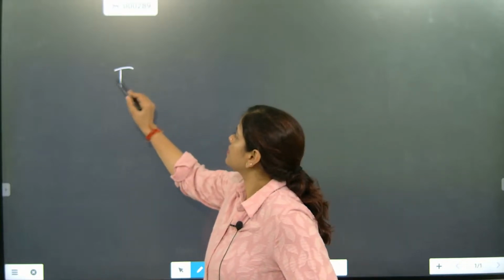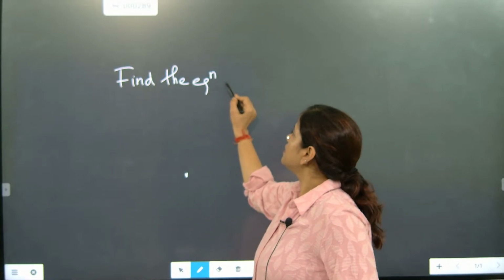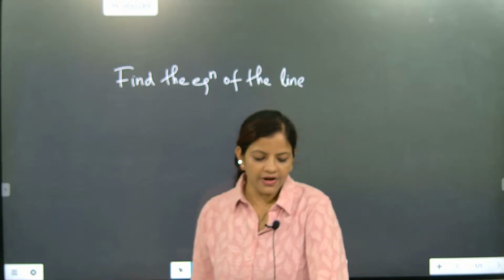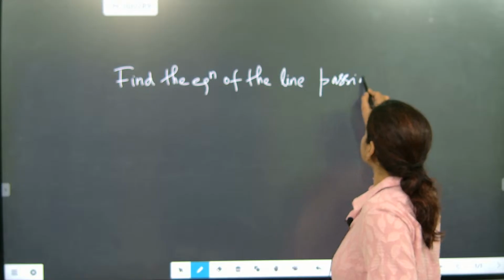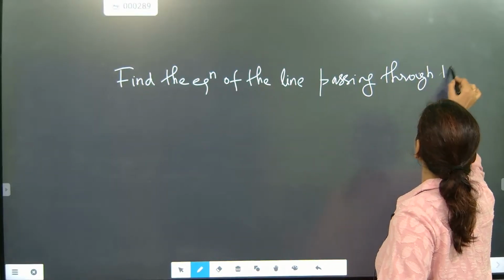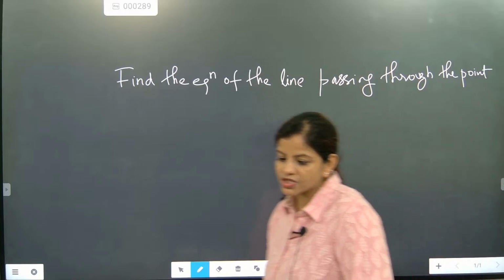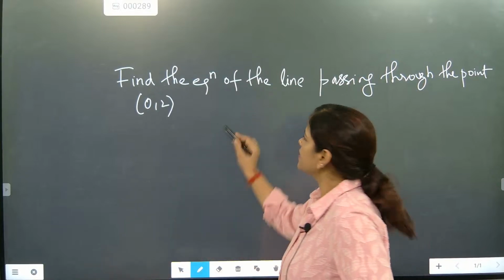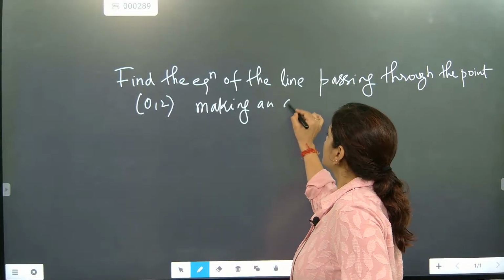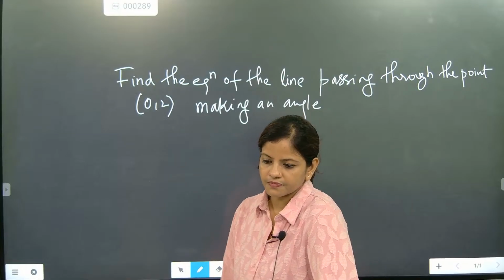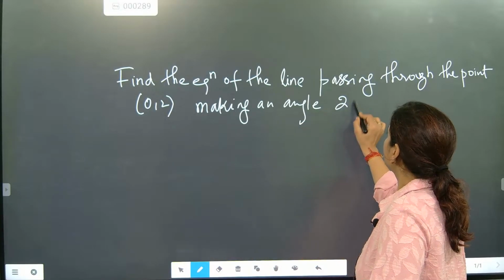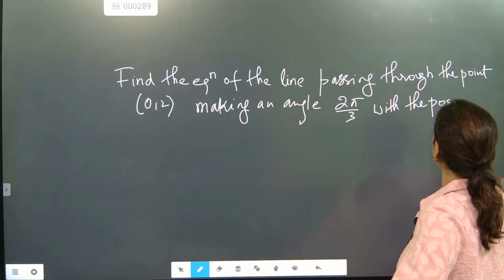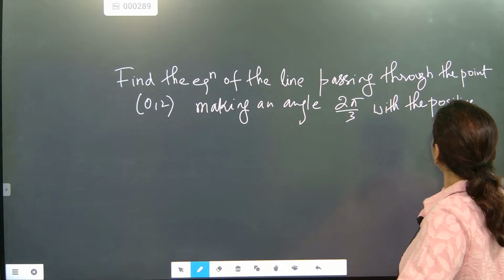Find the equation of the line passing through the point 0, 2, making an angle 2 pi by 3 with the positive direction of x-axis.